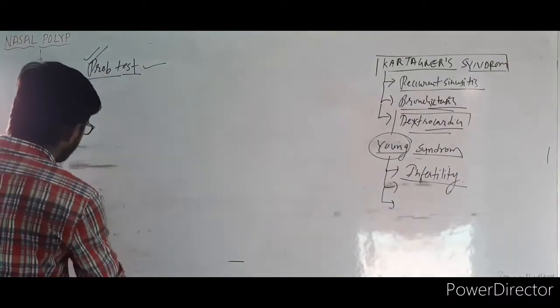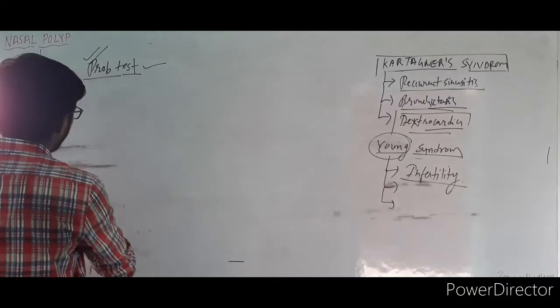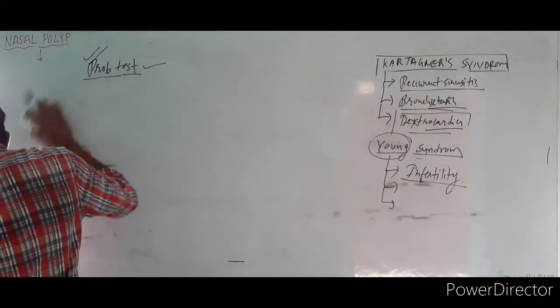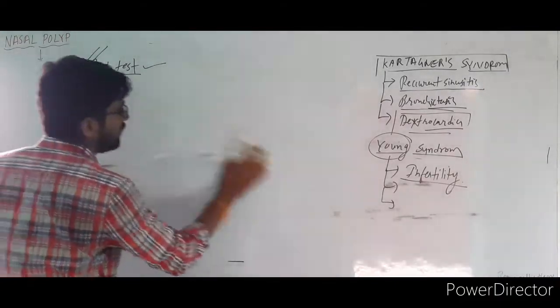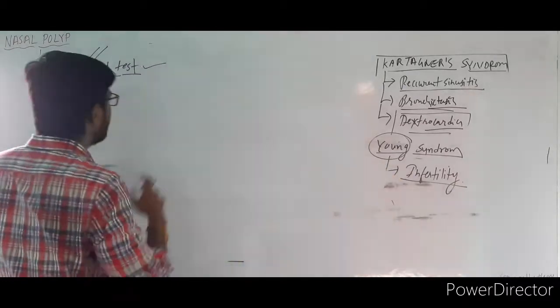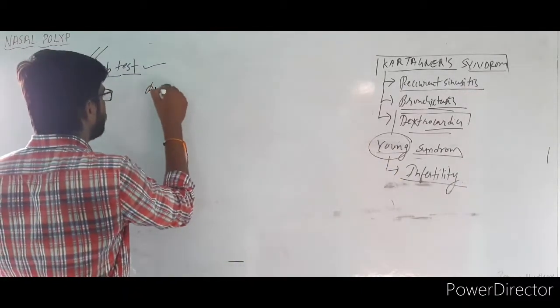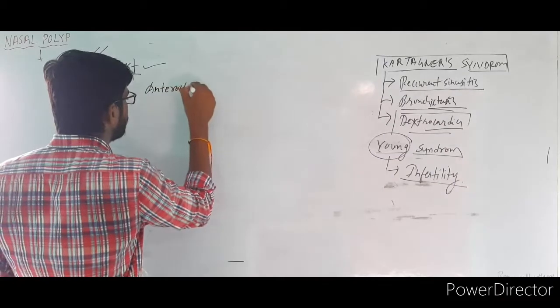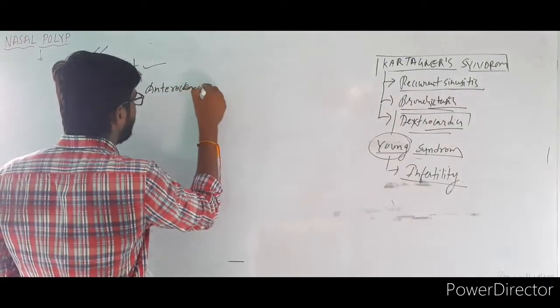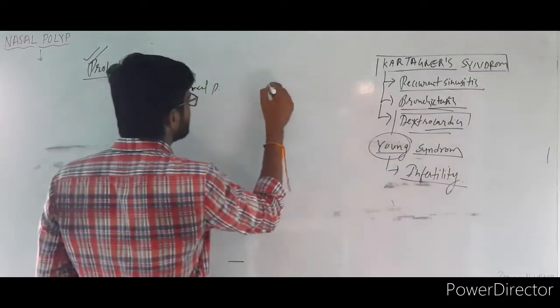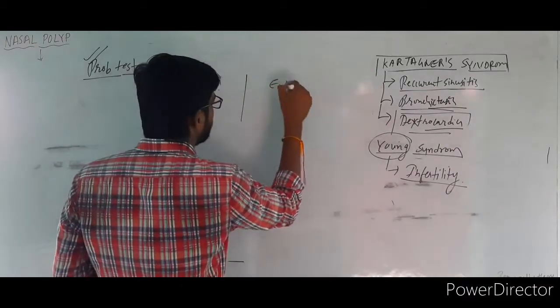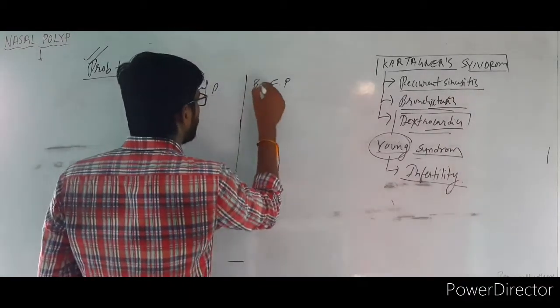Now we have to differentiate: what is the difference between the antrochoanal polyp and the ethmoid polyp, the bilateral ethmoid polyp?